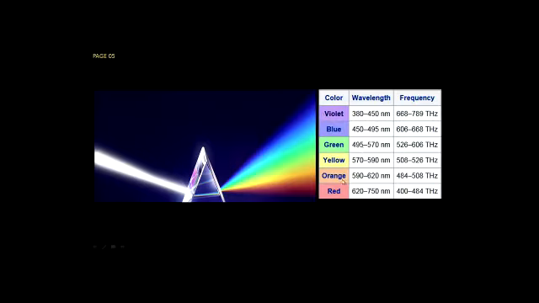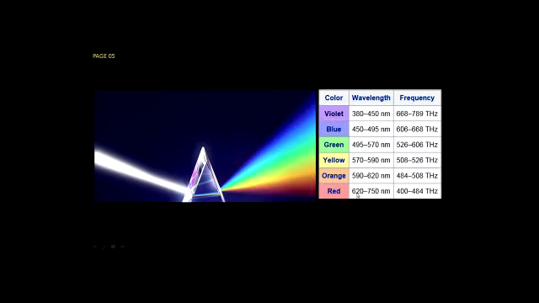The red light would be 620 to 750 nanometers of wavelength, which is the one period of the wave. And then this translates into the frequencies. So the longer the wavelengths, the lower the frequencies, obviously.